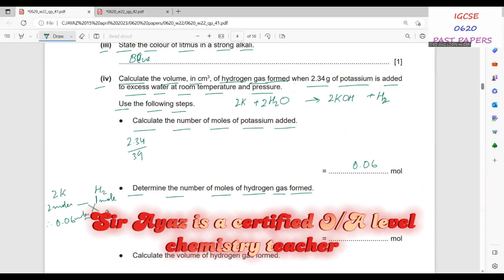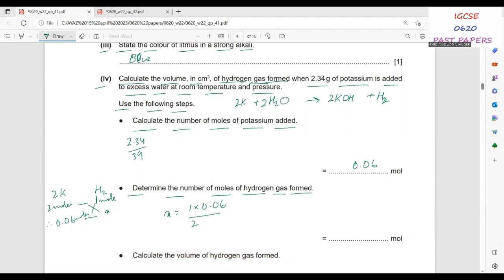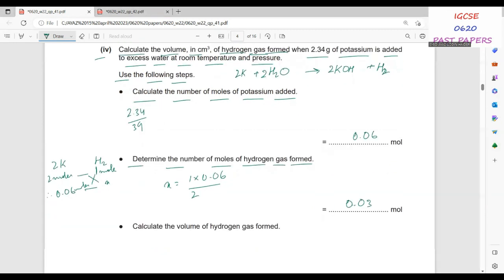So we'll do the cross. We'll get X is equal to 1 multiplied by 0.06 divided by 2. 0.06 divided by 2 is 0.03 moles of hydrogen gas.